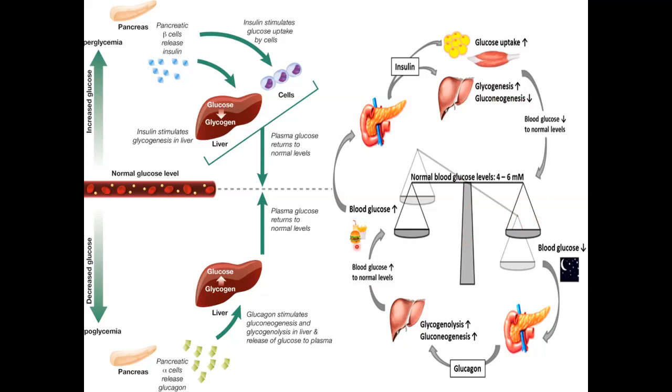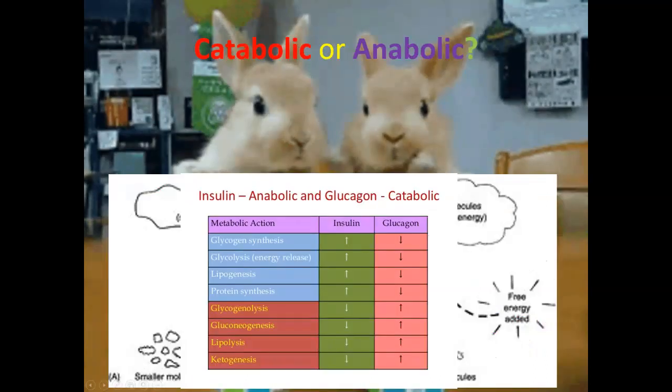Isn't this great? The food they showed. Instead of an apple, they're showing crap food. Yeah, that's not going to make you go here. This crap food does not get stored as glycogen. It gets stored as lipids. All right, so catabolic or anabolic. Catabolic is breakdown, and that is what glucagon does.